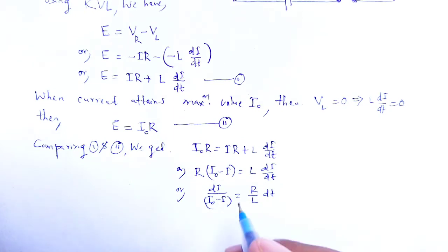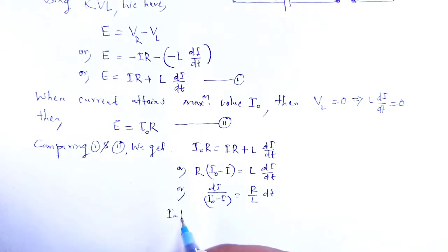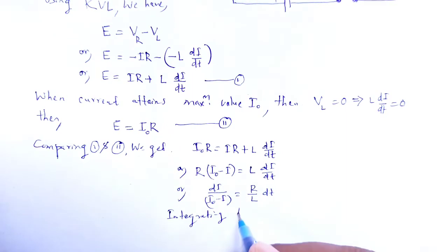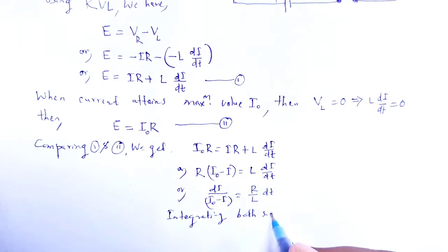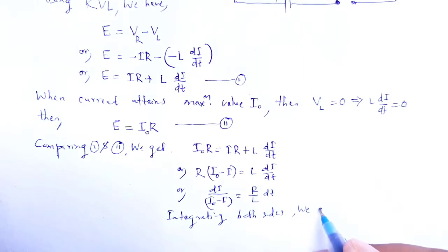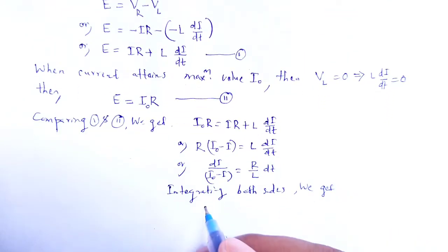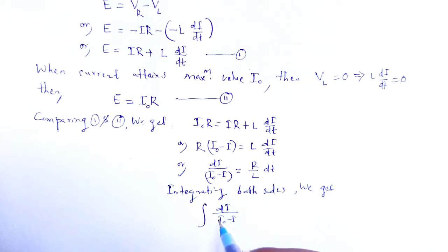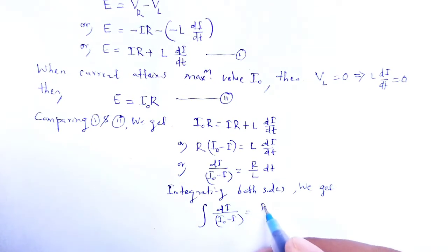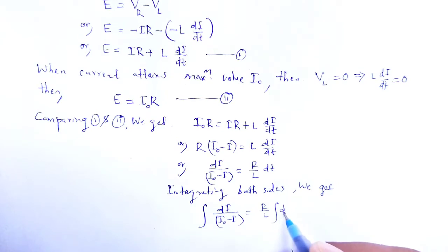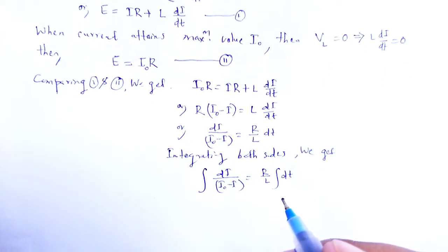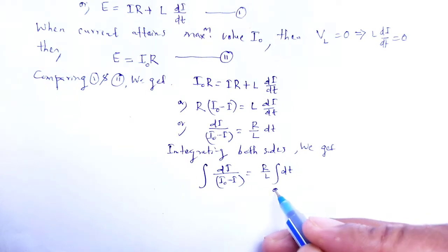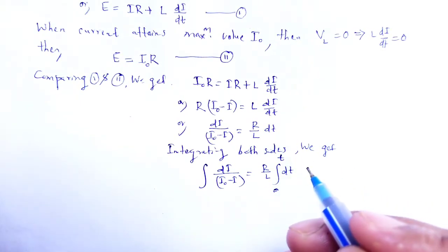Now, integrating both sides, we get integration of di divided by I naught minus I is equal to R by L integration over dt. Here we can use the limits 0 to t.